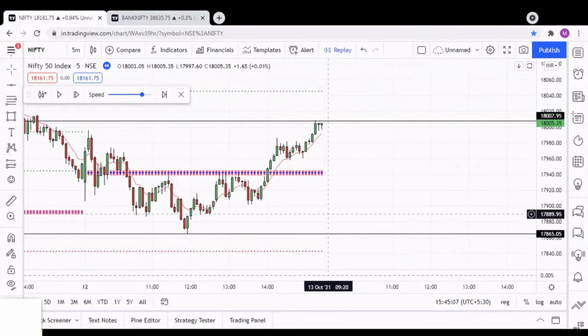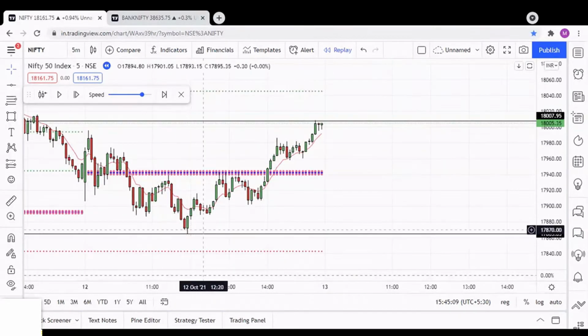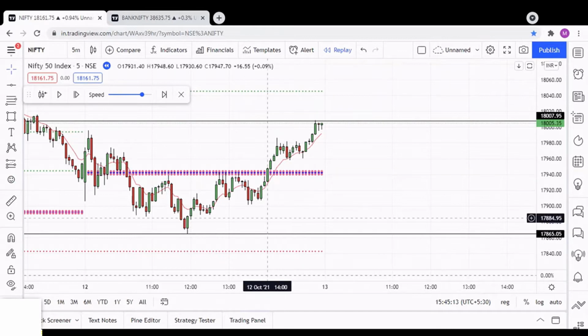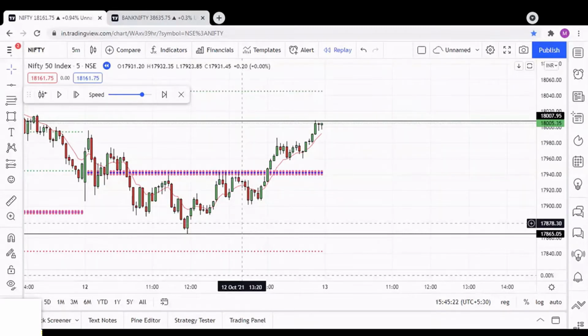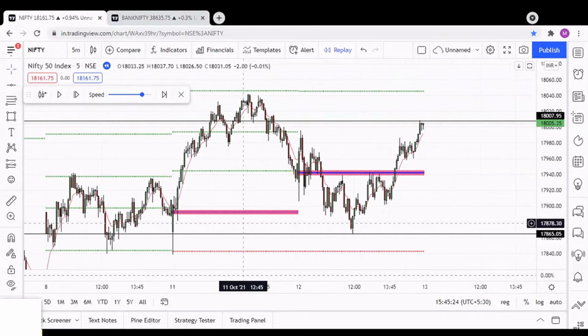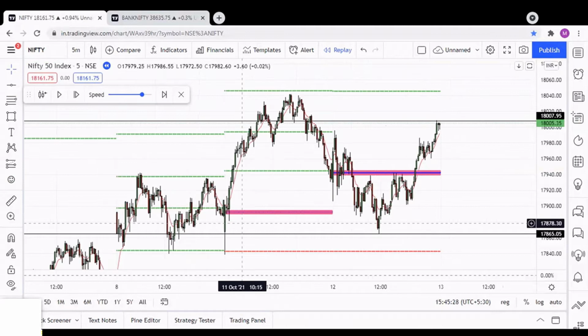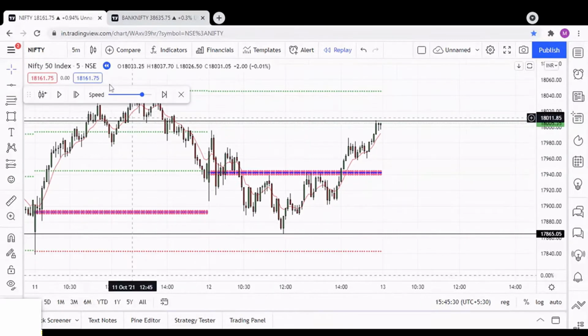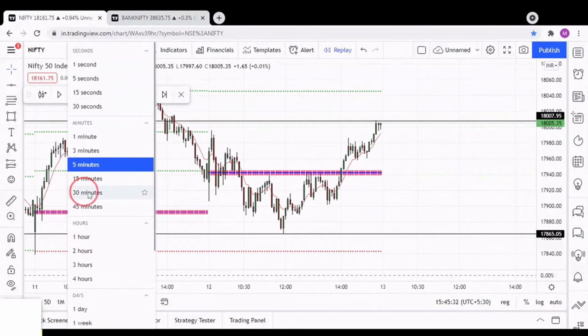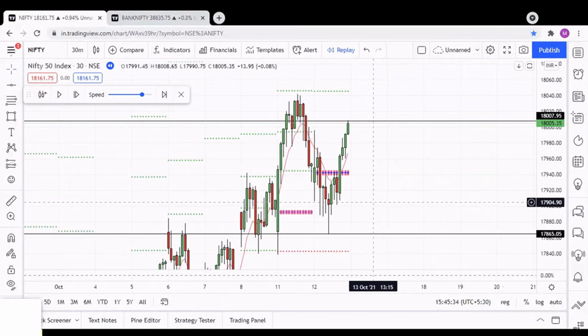There is a small demand zone at this place where market went up from this point, and as we have marked PDL already, it is not necessary to mark the demand zone, and there is no swing high here. Let me check in 30 minutes chart.